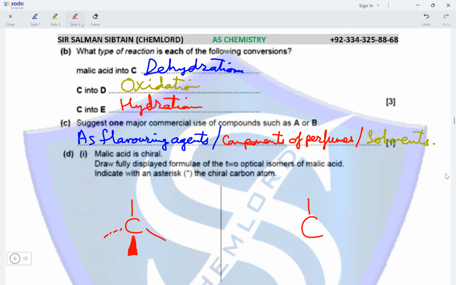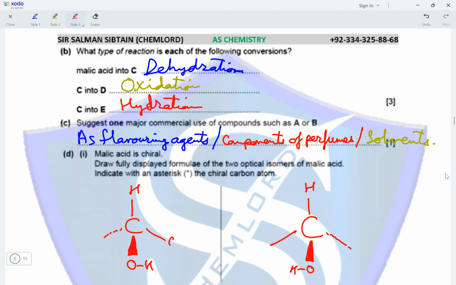So the two optical isomers will have two of these groups positioned at the same position, and the other two positions would be switched. So if we place a hydrogen atom here, it will stay here. Then we would have the OH group placed at the bottom, which would stay at the same position.